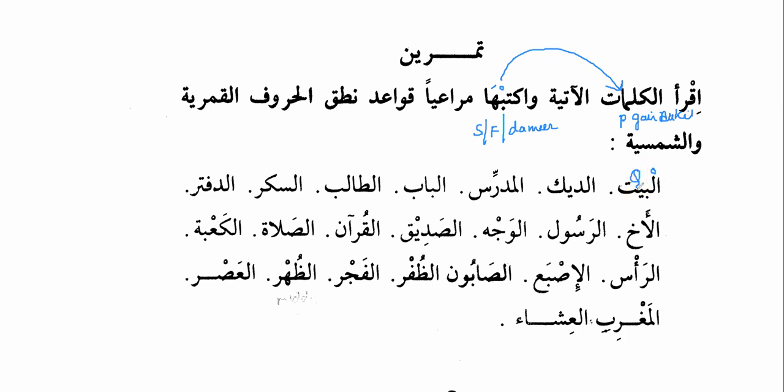I will write a Q. Ad-dik, this is shamsiya, I will write S. Al-mudarris, al is pronounced, so this is Qamariyah. Know that in Qamariyah letters the lam is pronounced. In shamsiya letters the lam is not pronounced. If there is a shadda, you know that it is from shamsiya letters.